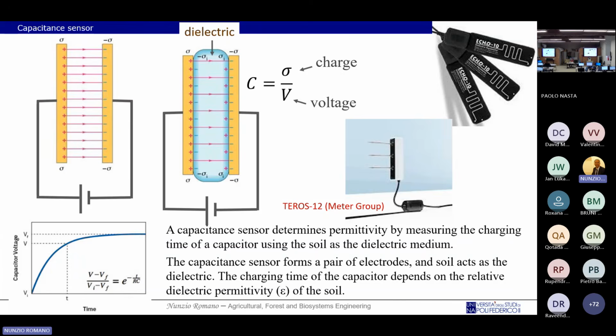Your system is soil, but the electric permittivity is mainly governed by the amount of water in the soil. This is the main concept. Again, I want to stress this. The system measures the relative dielectric permittivity of the soil, but this dielectric permittivity is mainly governed by the amount of water in the soil. This is why we can relate this to the soil water content.